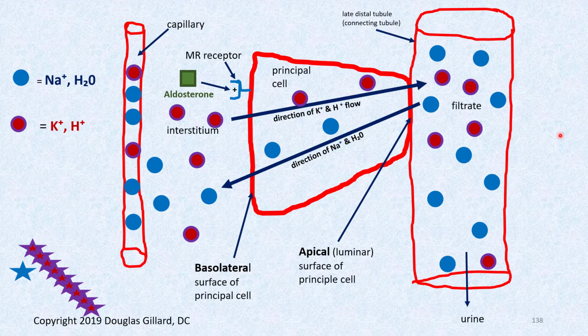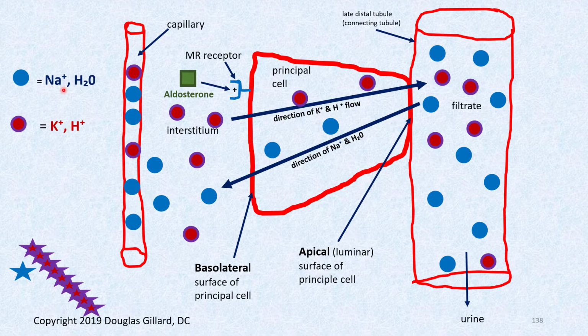Here's another little thing I drew before. Just showing you this, you definitely know this stuff, right? But here again, here's the urine going down here. We'll say this is the connecting tubule, or maybe the proximal collecting duct, whatever. And the blue little balls represent the incomers.